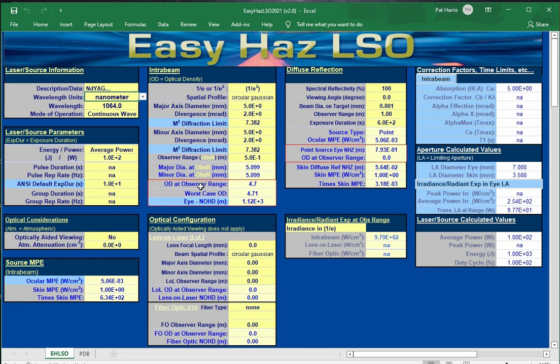We have an OD at the observer range of 4.7, and the worst case OD is 4.71. We'll take a look at that in just a moment. The NOHD is 1.1 kilometers. Let's see, for the CO2 running 2,000 watts and a lower beam divergence, that was 1.5 kilometers.